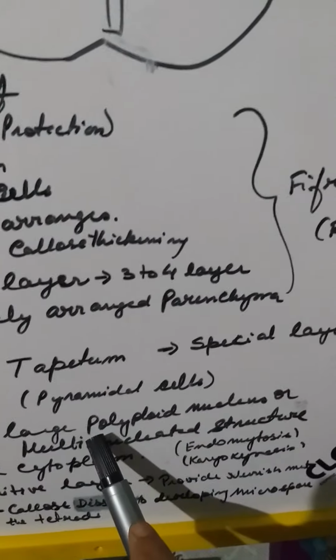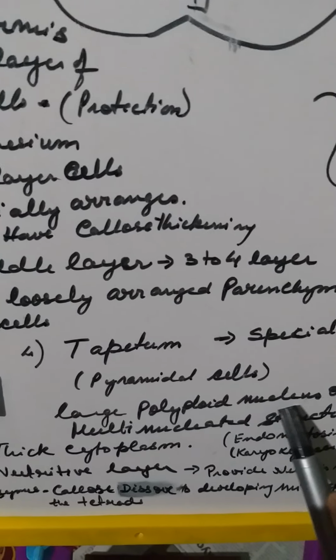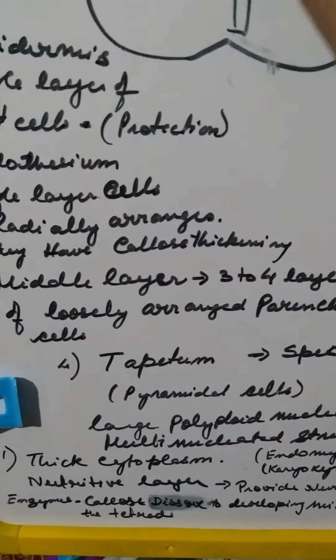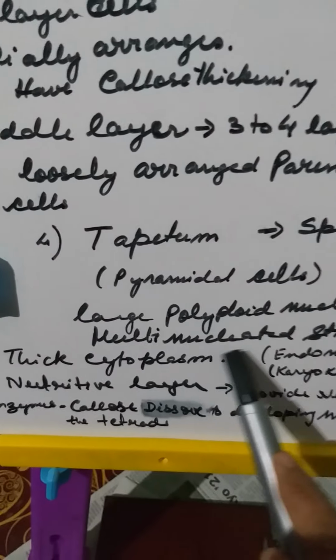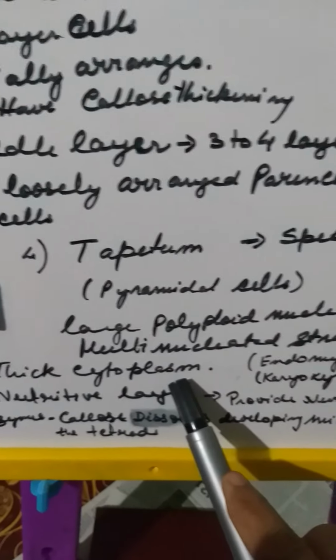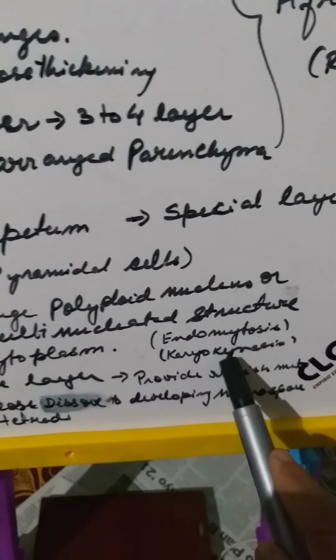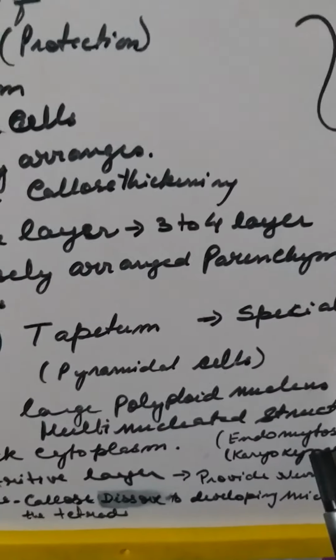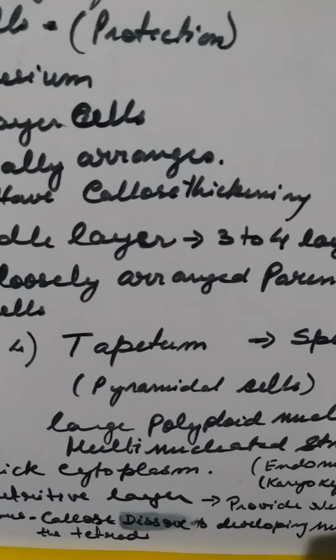Now what are the special functions? They form a large polyploid nucleus. These pyramidal cells are made up of a large polyploid nucleus or are multinucleated. Now you may ask, why multinucleated? Actually they have a very thick cytoplasm, and endomitosis and karyokinesis happen. That means the nucleus is divided without the division of the cytoplasm. That is the basic structure of the tapetum cell.